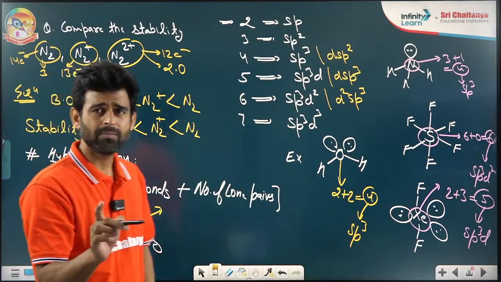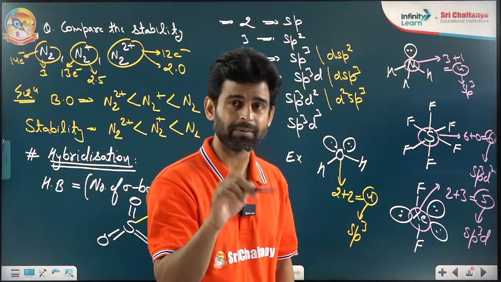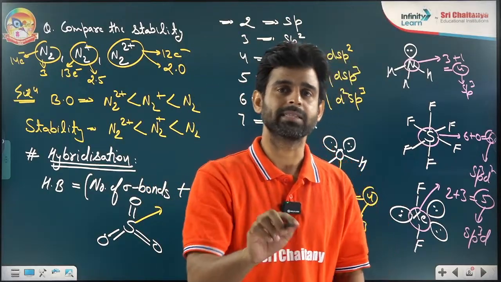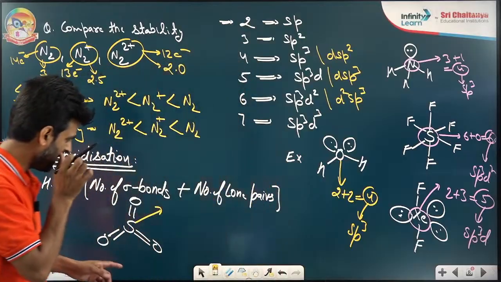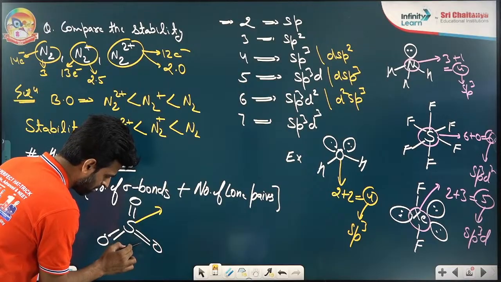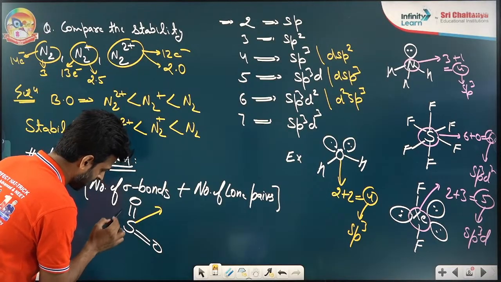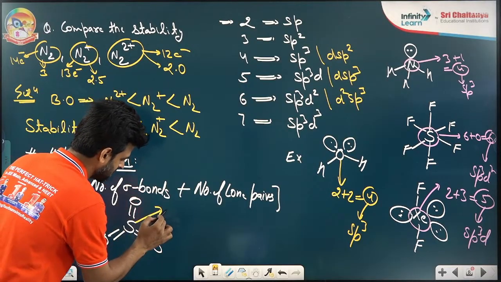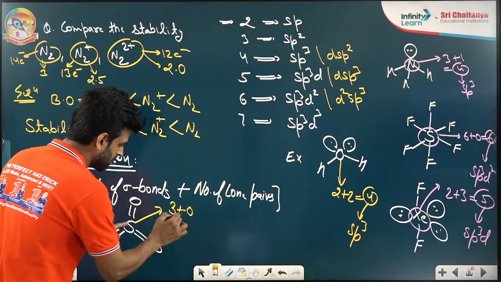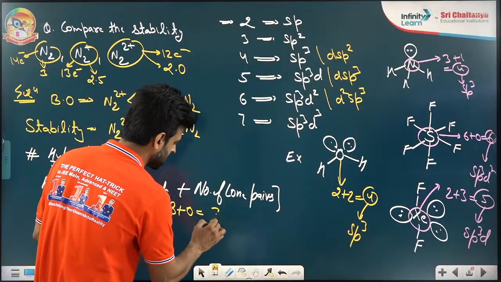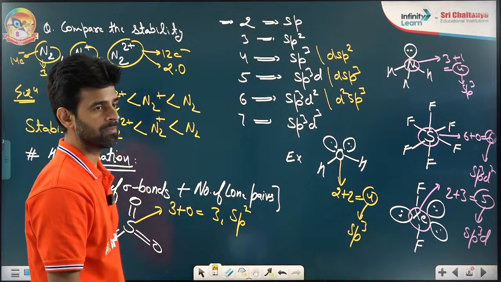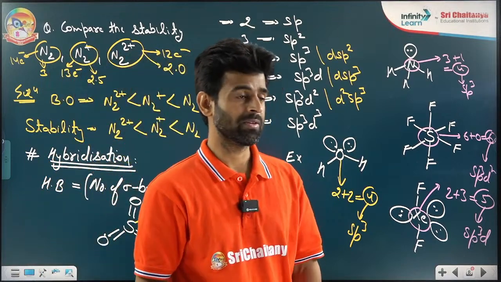Hybridization is not for a molecule, hybridization is for an atom. Like in SO3, sulfur has what hybridization? Out of two bonds, always one is sigma, one is pi. So here there are 3 sigma bonds and 0 lone pairs on sulfur. Total 3, and 3 means sp2. Yes, you get the right answer.